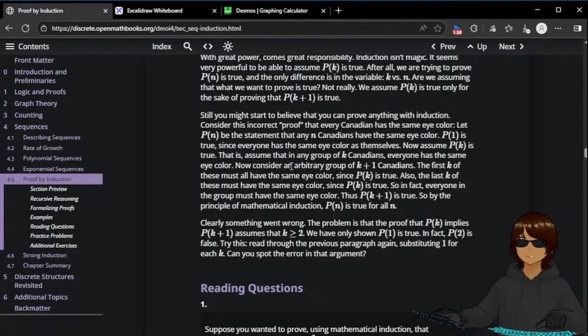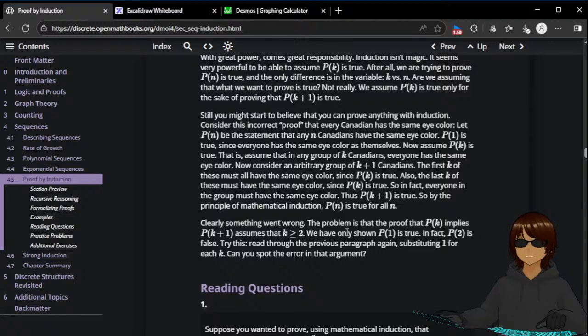Now consider an arbitrary group of k plus 1 Canadians. The first k of these must all have the same eye color since Pk is true. Also, the last k of these must have the same eye color since Pk is true. So, in fact, everyone in the group must have the same eye color, thus Pk plus 1 is true.